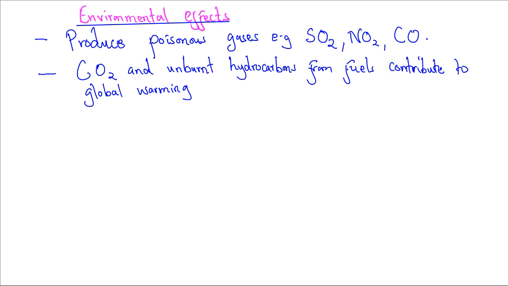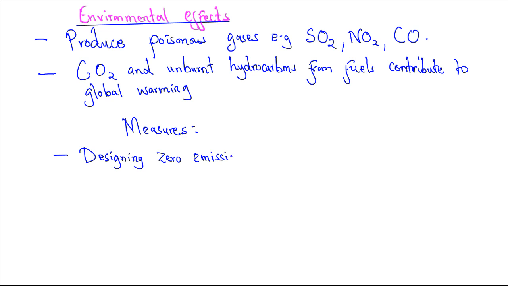Measures that can be taken to reduce pollution. Measures you can have: designing zero-emission vehicles, which are to use solar energy or electrical energy. Designing engines which are to use unleaded petrol.